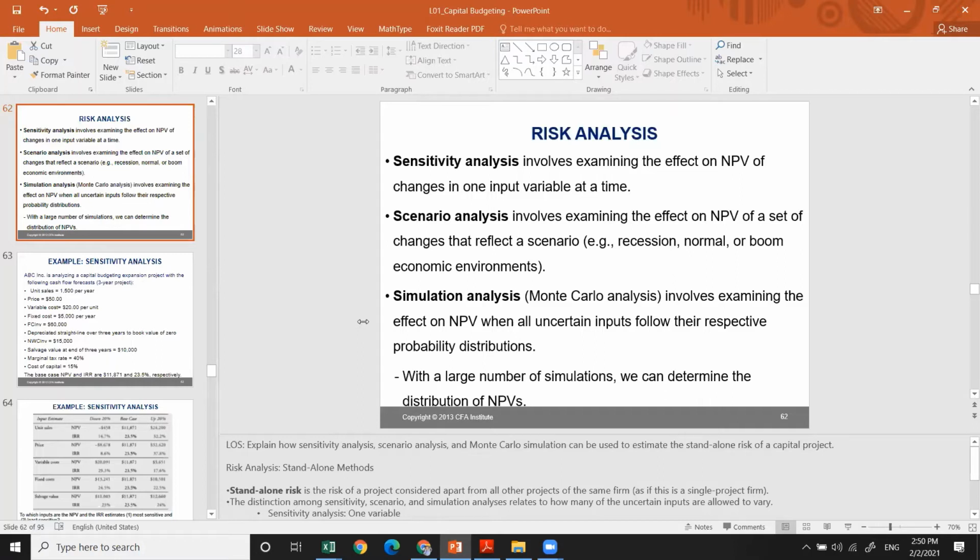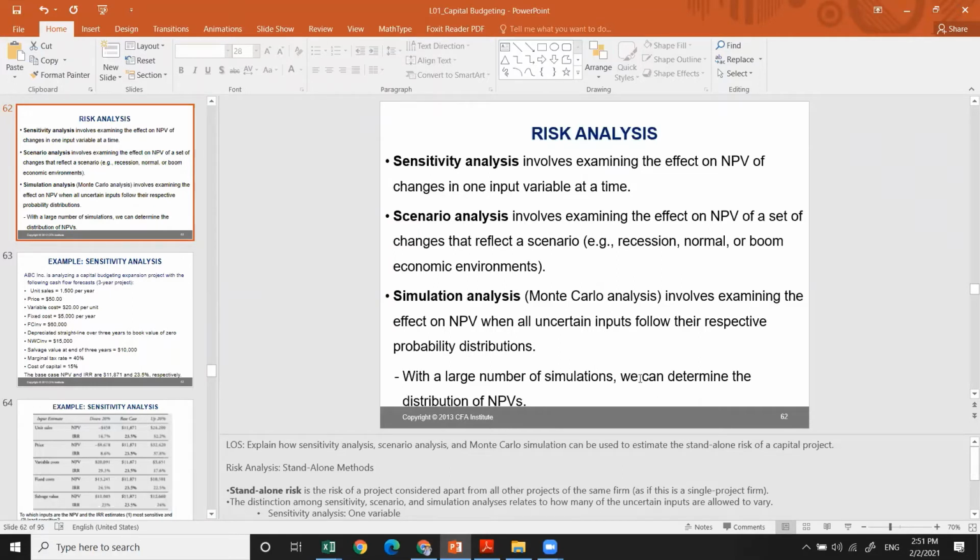Is there anything you want to add, guys? Like, why do you need to see to which variable the NPV is more sensitive? Yes, Yerlan? Yeah, I think that if I were the project manager of a project, I would make a sensitivity analysis to make sure that I will prevent uncertain circumstances in the future.